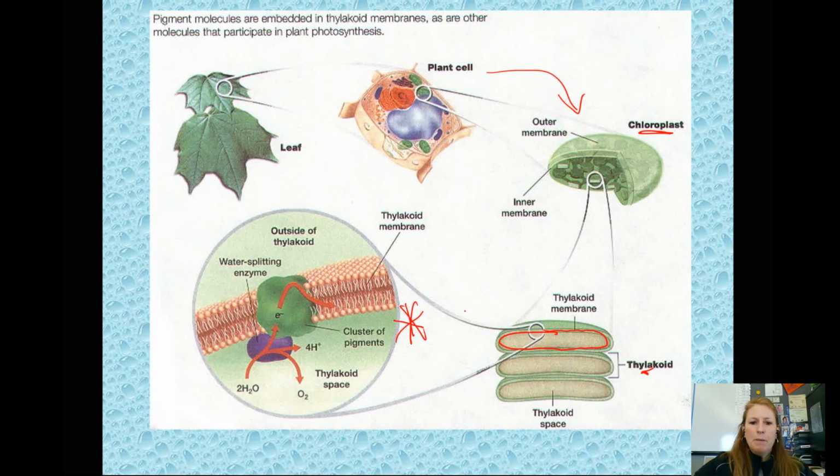But in these membranes, this line right here, this membrane, this is where all these electrons, the hydrogen ion, all of this is going to take place, where we're going to use oxygen and water. In the dark reactions, we're going to make some sugar, some glucose. So for right now, just understand how to piece these structures together.